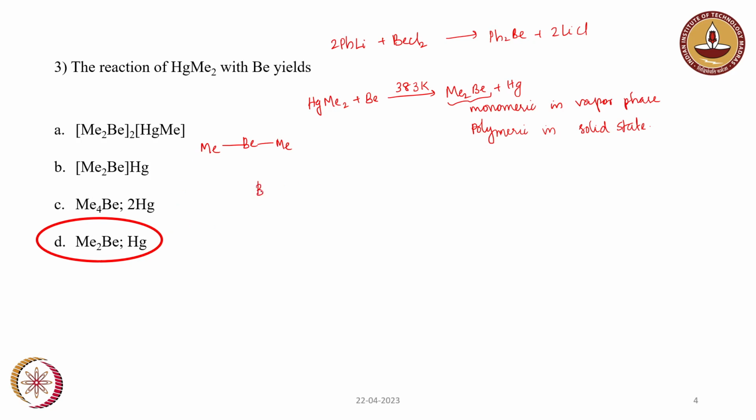So beryllium in the ground state has a 2s2 configuration. There are no electrons in 2p, and in the excited state one electron from 2s is excited to 2p.